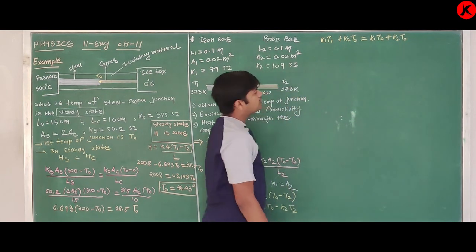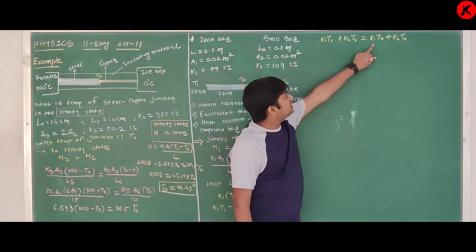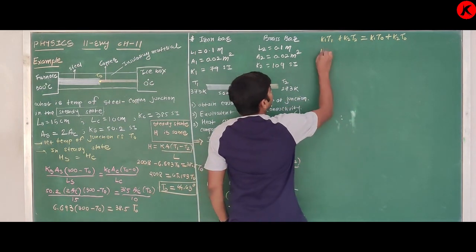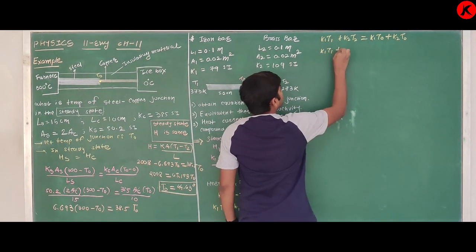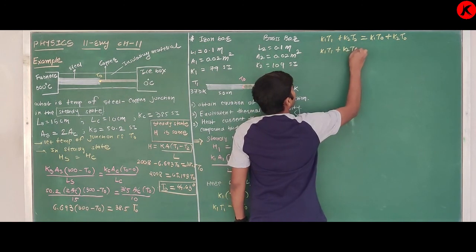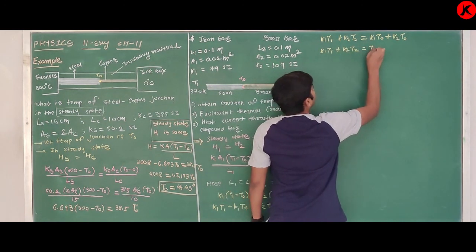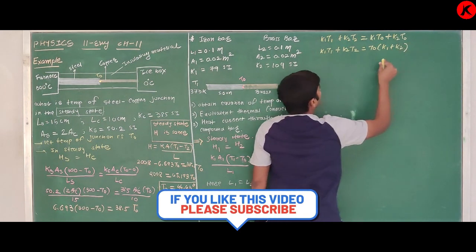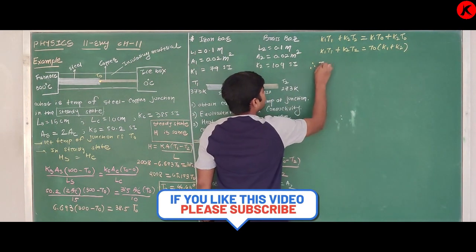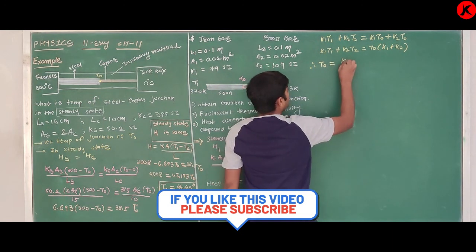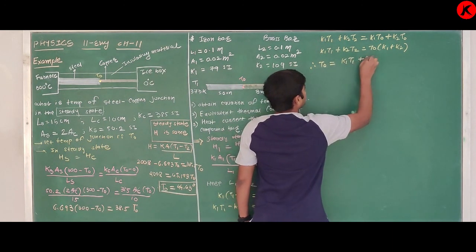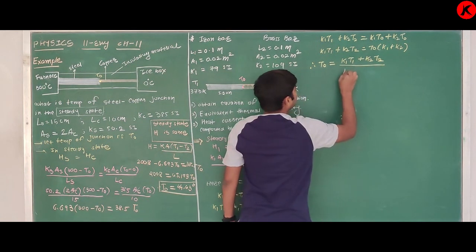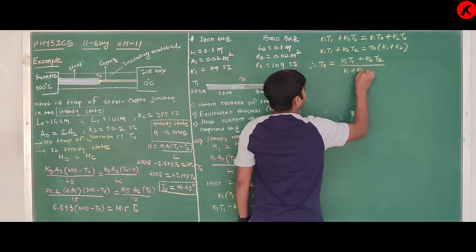Taking T0 common, K1 T1 plus K2 T2 equals T0 times K1 plus K2. Therefore T0 is equal to K1 T1 plus K2 T2 upon K1 plus K2.